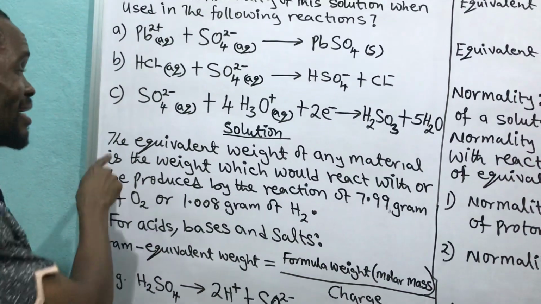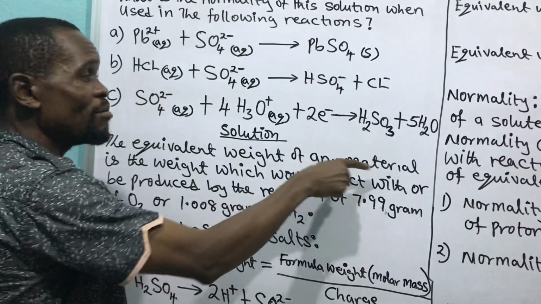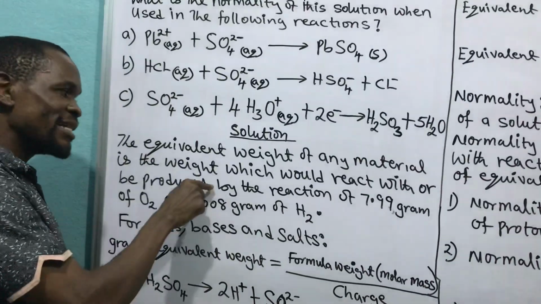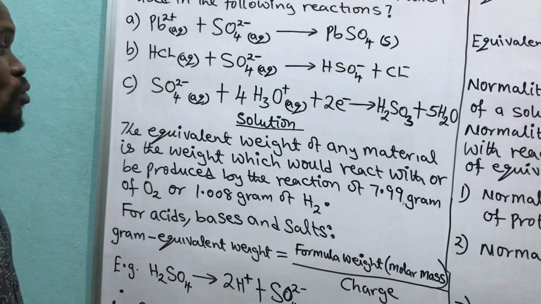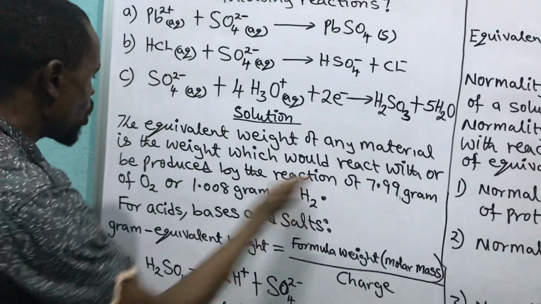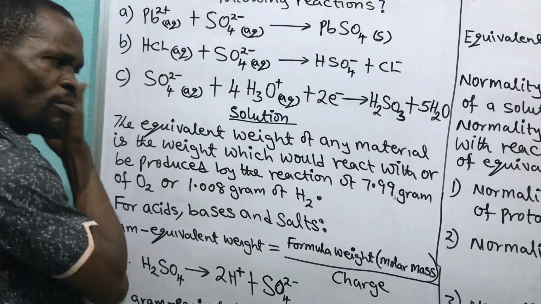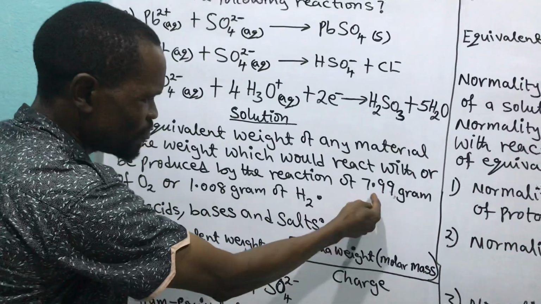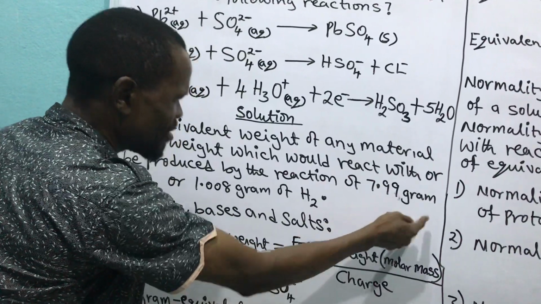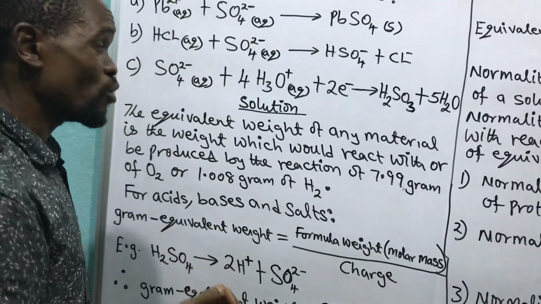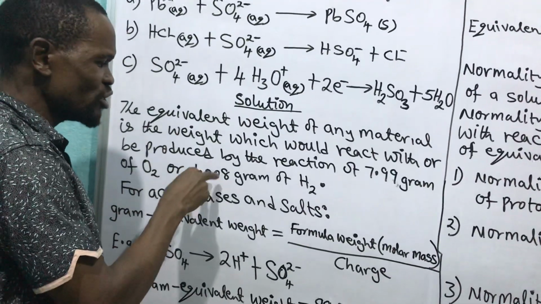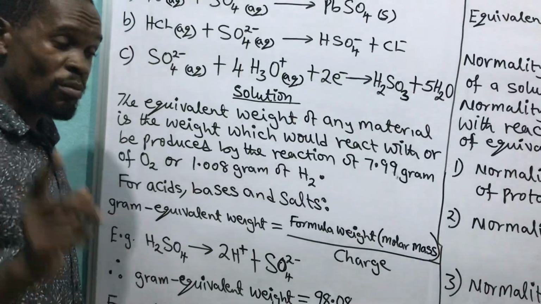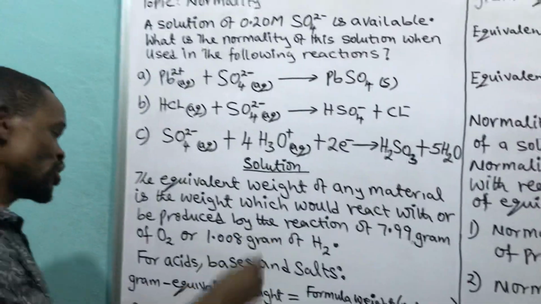So the equivalent weight of any material is the weight which would react with, or be produced by the reaction of, 7.99 gram, which is the mass of oxygen, or 1.008 gram, which is the mass of hydrogen.